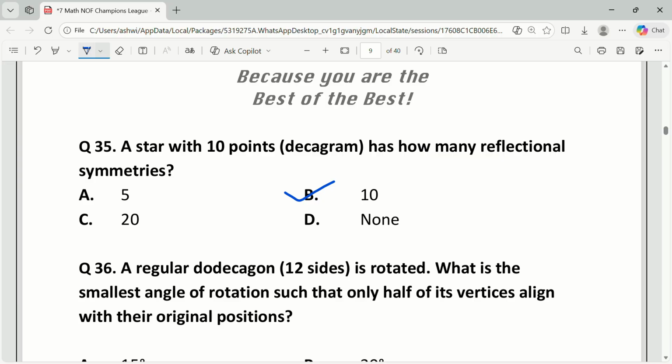These symmetries consist of 10 rotational symmetries and 10 reflectional symmetries. The 10 lines of reflection pass through the center of the decagram. 5 of these lines connect a vertex to the midpoint of the opposite edge. The other 5 lines connect the midpoints of the opposite edges.